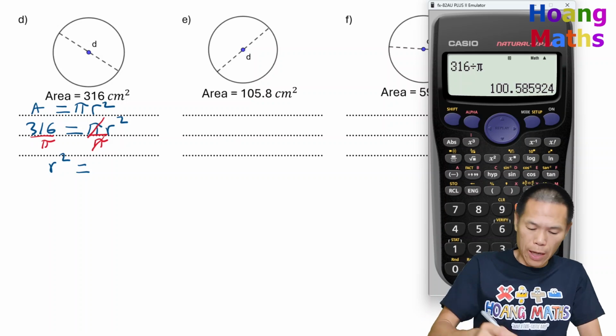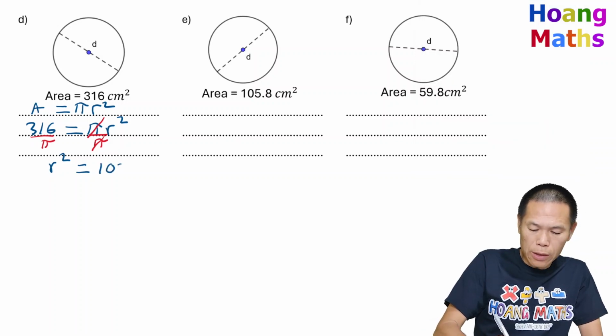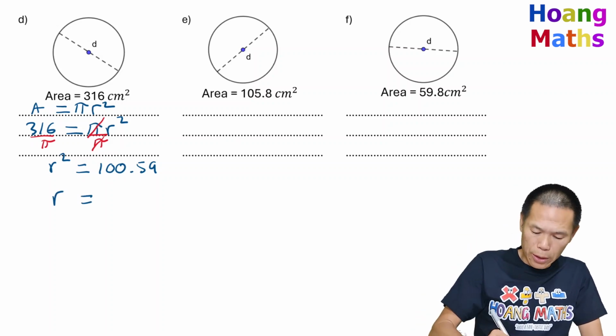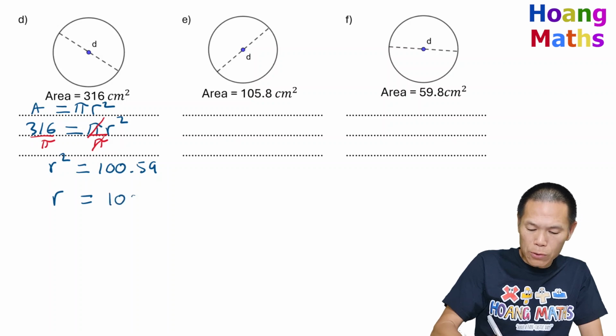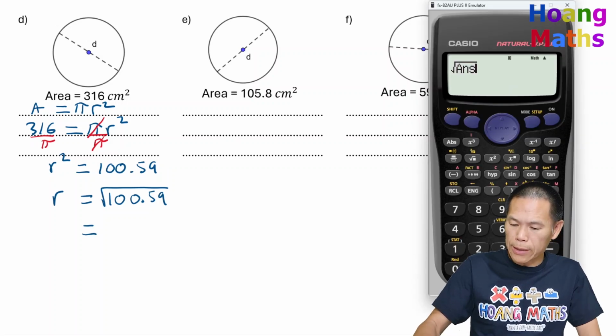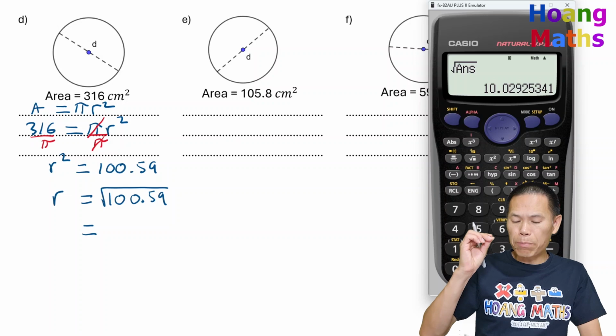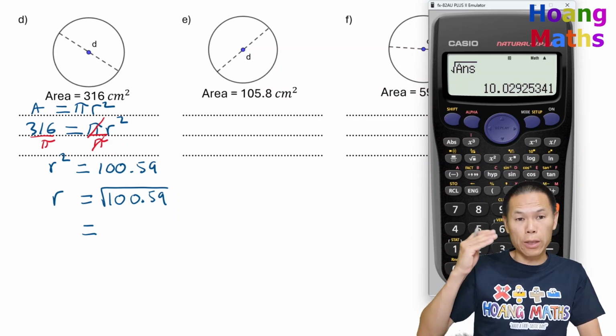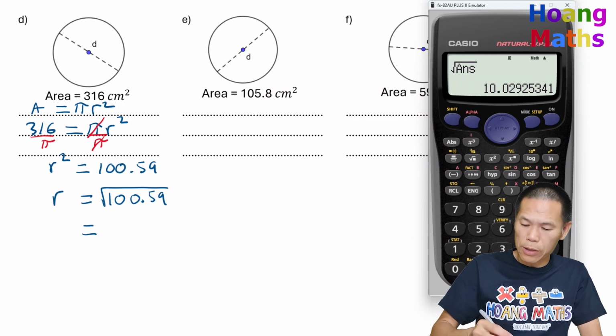100.59 for now. Okay, 100.59. So the radius is the square root of that because the opposite of square is square root. So 100.59, we square root of this. That is equal to square root answer, 10.03 for now, because after 2 is 9. So we add 1 to 2, it becomes 3.